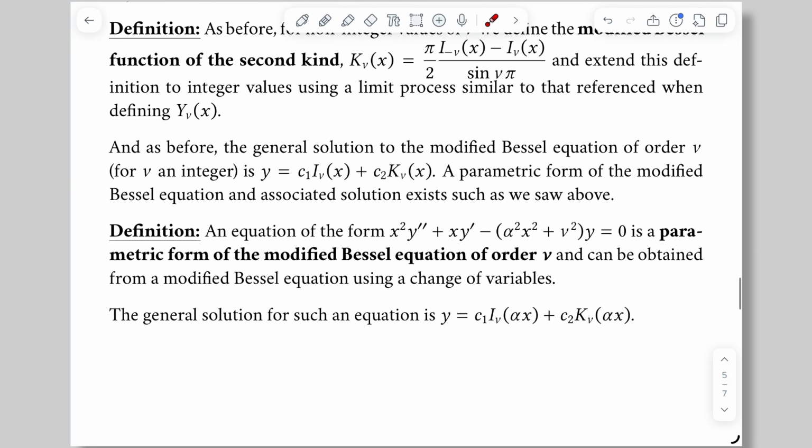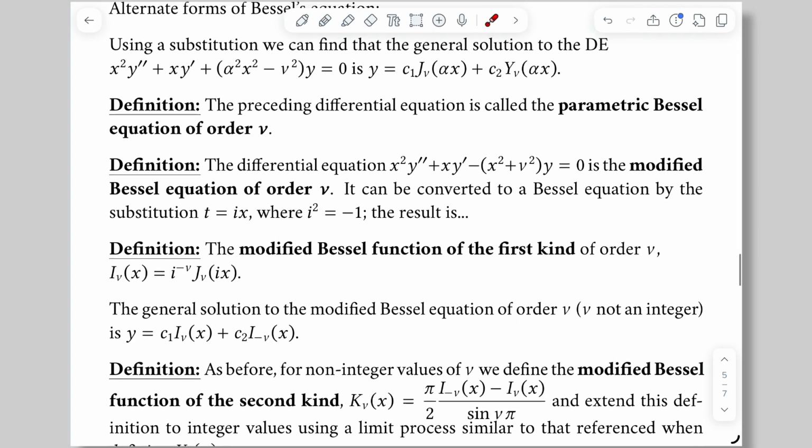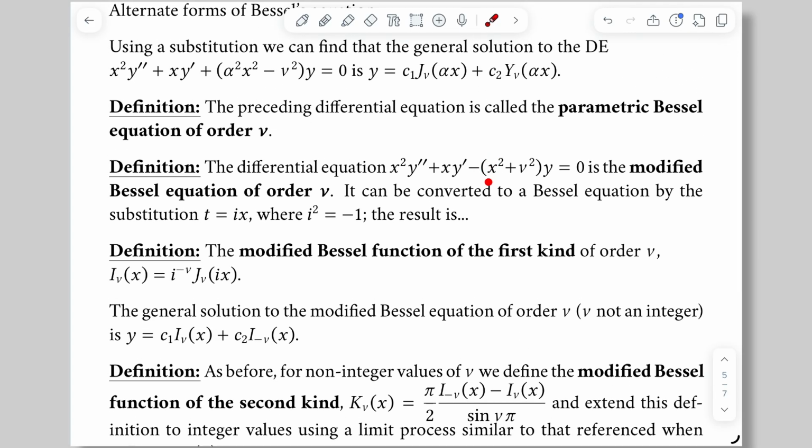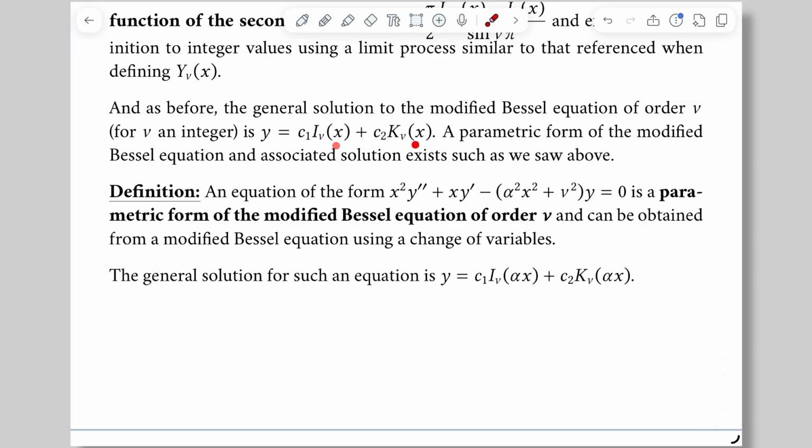And then our general solution when nu is an integer is y is c1 I sub nu of x plus c2 K sub nu of x. And again, in the event that there's some coefficient of x squared that's different from 1, as we saw before with alpha x in J and Y, we can see an alpha x in I and K. And all of that's described here.